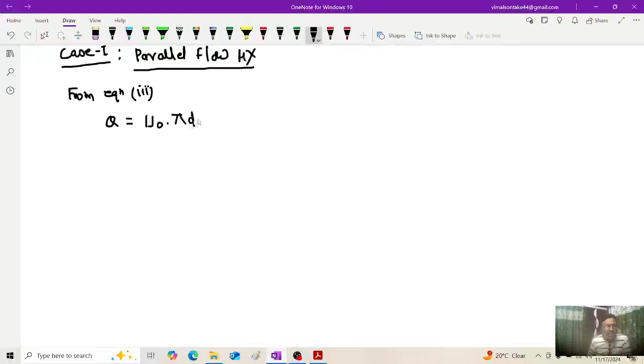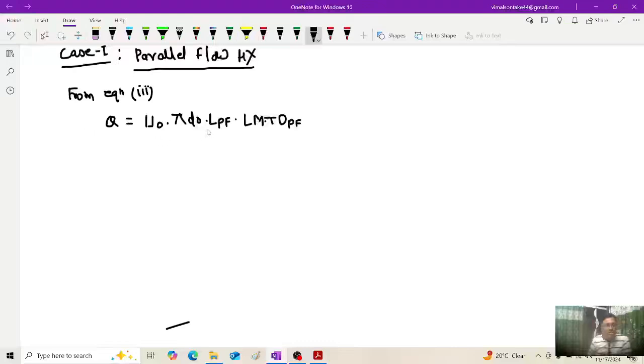UO into pi do. So length will be L suffix PF, and LMTD will also be calculated based upon outside area. And LMTD will be on parallel flow basis.